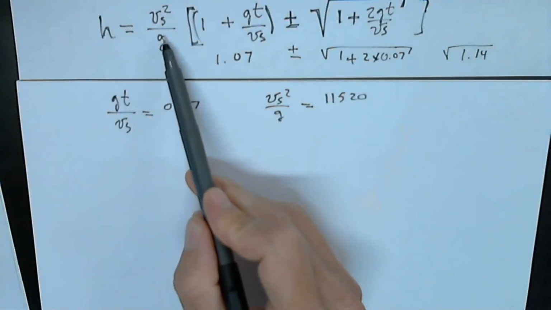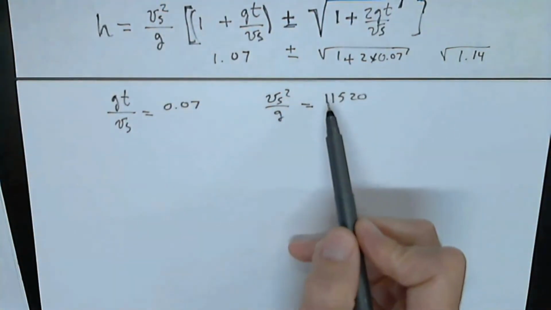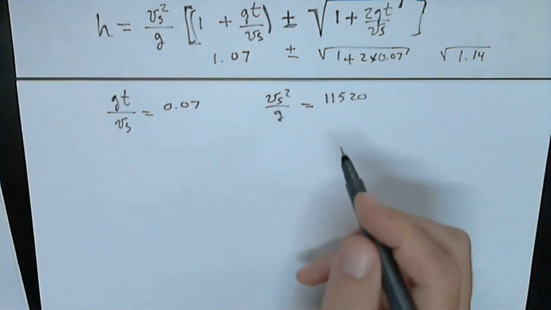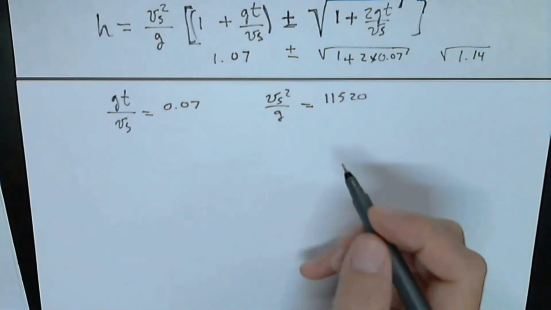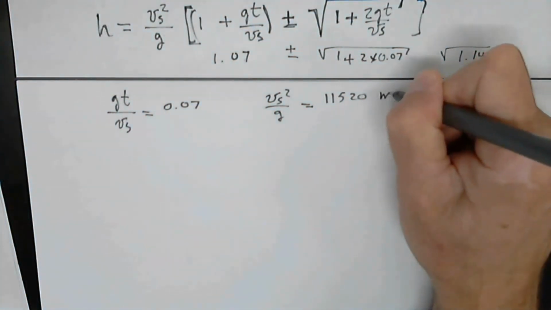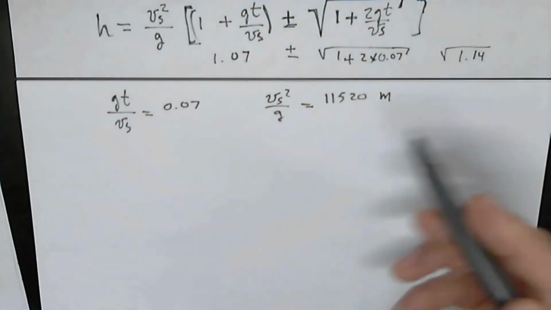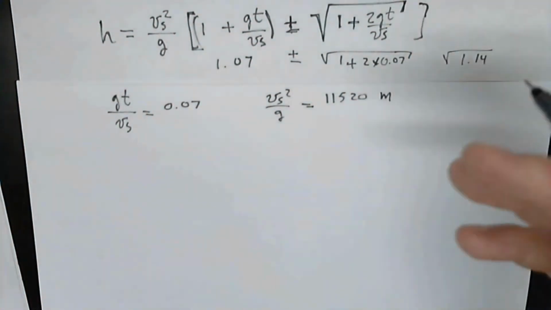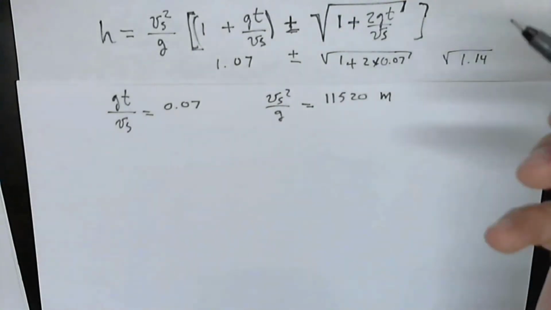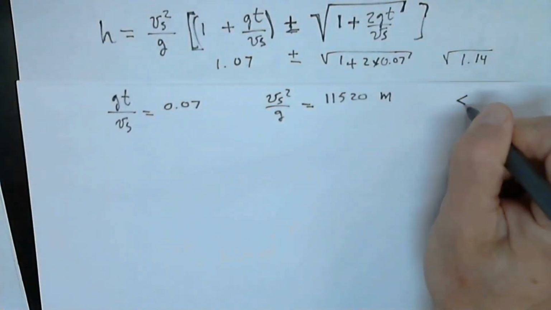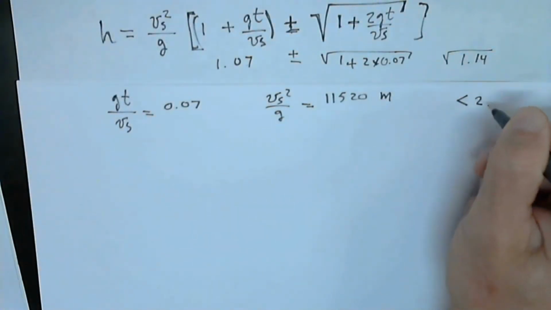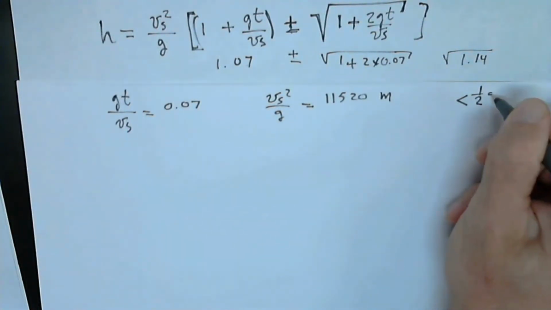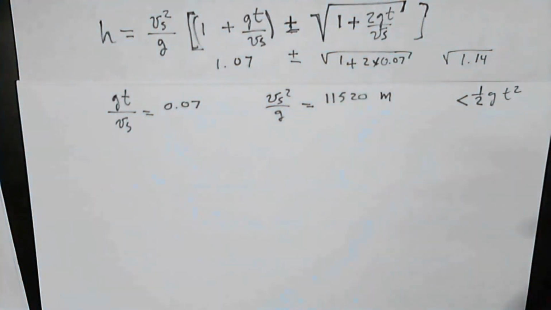And this number is huge, 11,000 meters. So both solutions, the plus and the minus, are positive, but you know that it has to be less than 1/2 gt squared.